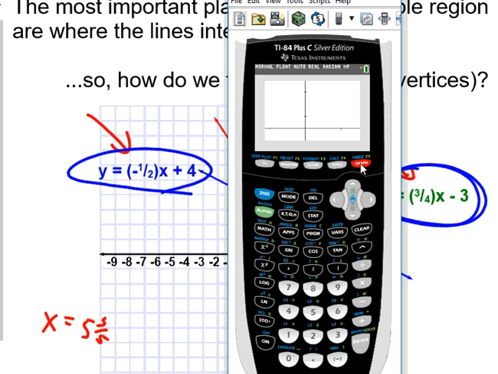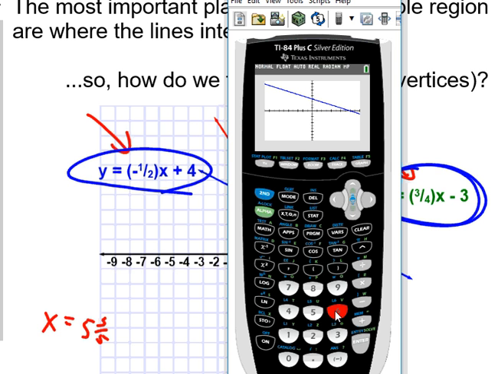So why don't you just check and see if it graphs just right off the bat. And again, if you're in some weird mode like I am, where I can't see the normal graph, Zoom 6 gives you the best results really quick. Zoom 6 just snaps you back to like the standard window. I do want you to remember how to set that window, but it's kind of complicated. So Zoom 6 kind of resets it to normal.